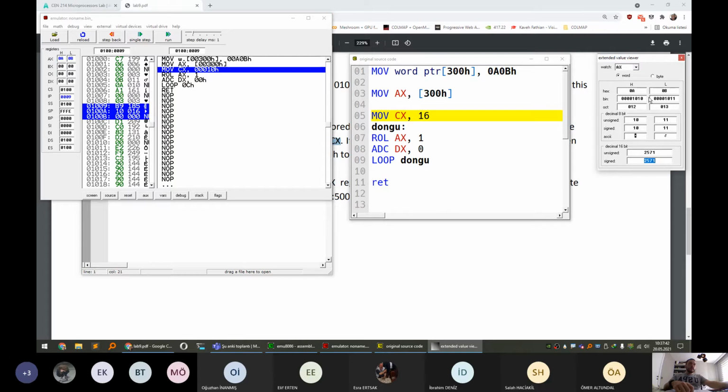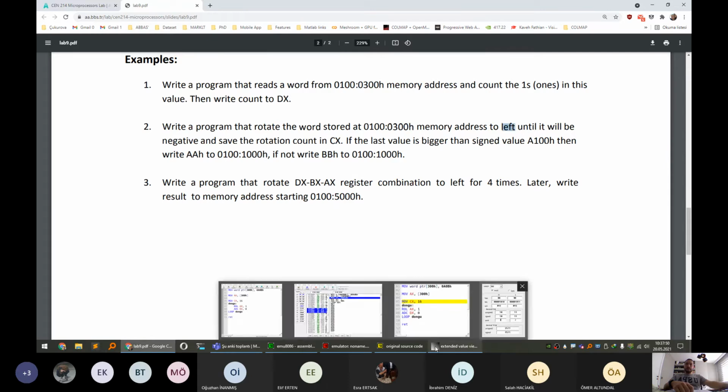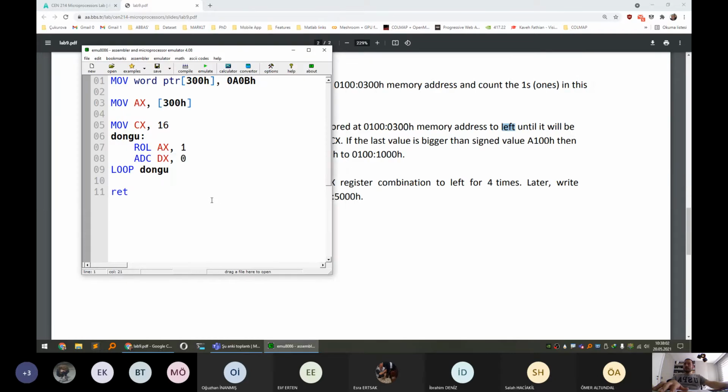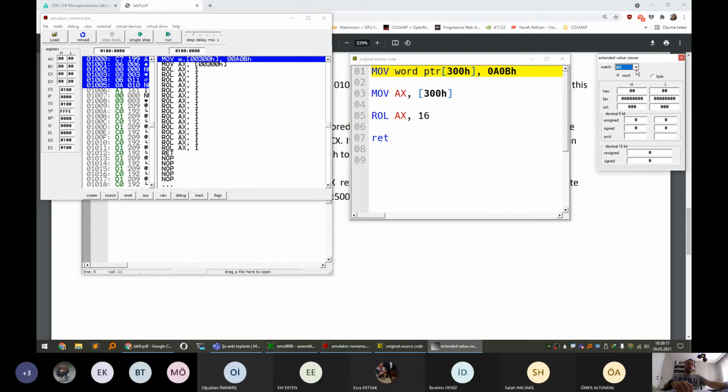The bits are like this. The question wants us to rotate this word to the left until it becomes minus. I'm going to do this by directly rotating some value and seeing when it becomes minus.